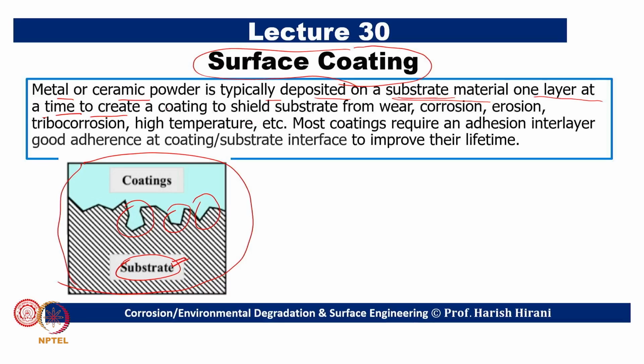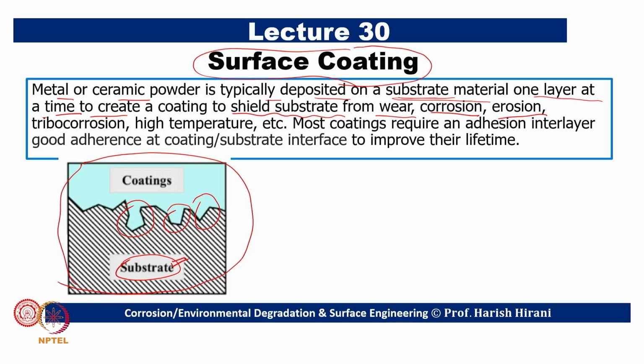Now, this is really required to shield and protect the substrate from wear, so there should not be wear damage, from corrosion, and from erosion, because in erosion we know that the atmosphere, maybe water, ice, sand or other debris nearby really erode the material.